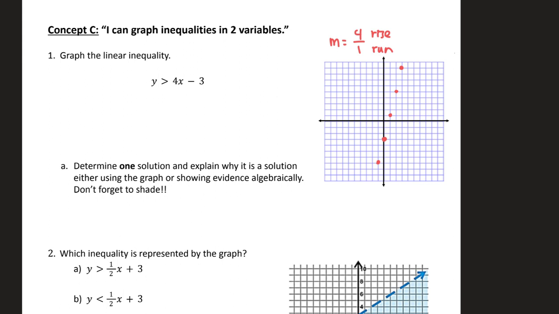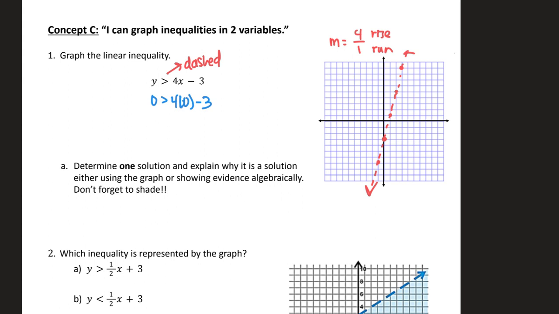Now we need to figure out what type of line we're going to do. In this particular line, we're going to use dashed because there's no line underneath, which means that we are not going to include any of the points on the line. And now we need to determine which side to shade. To determine that, we're going to plug in 0, 0. So it's going to be 0 is greater than 4 times 0 minus 3.